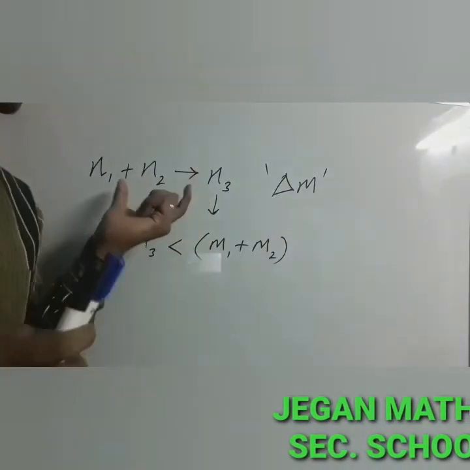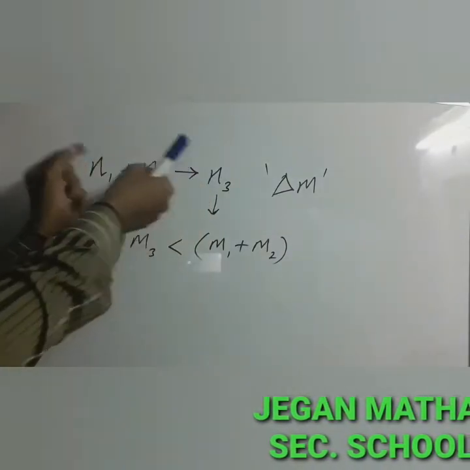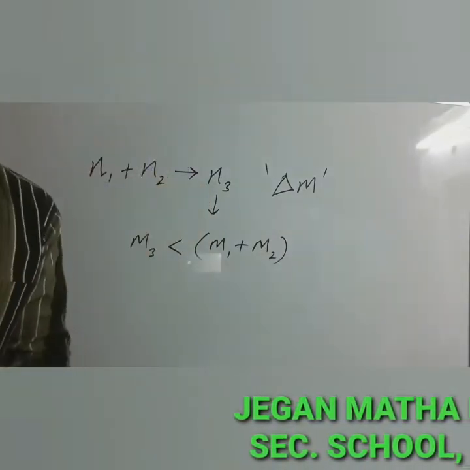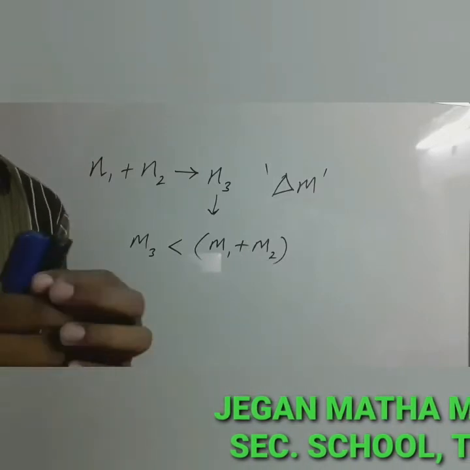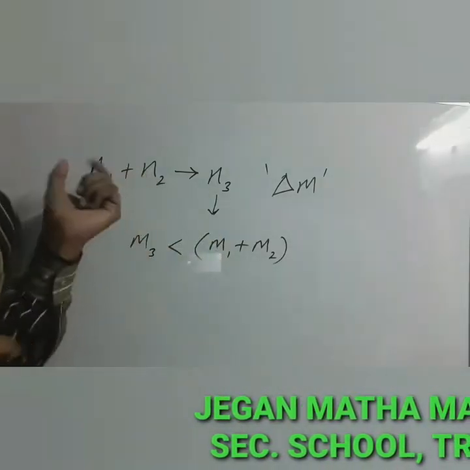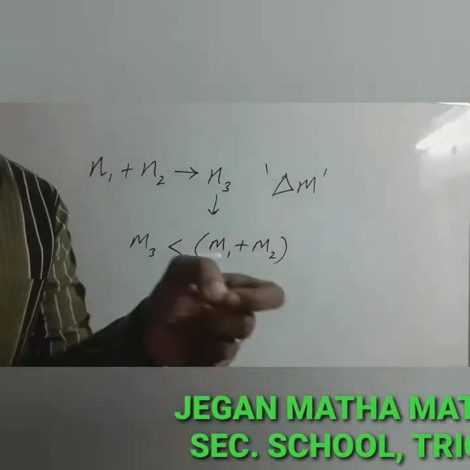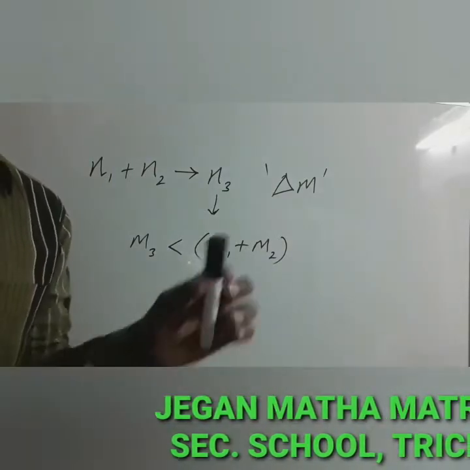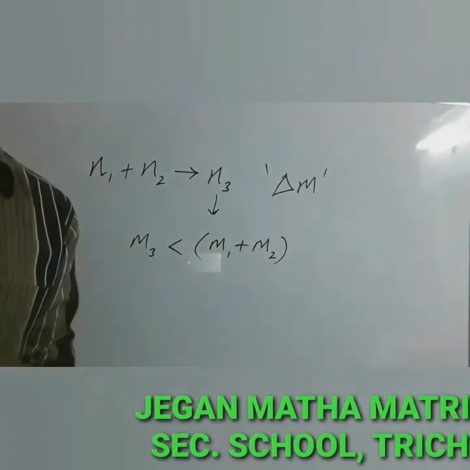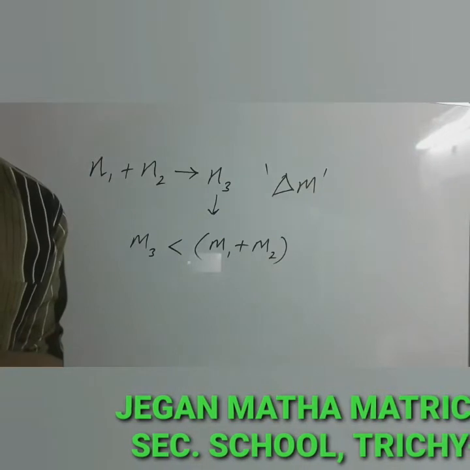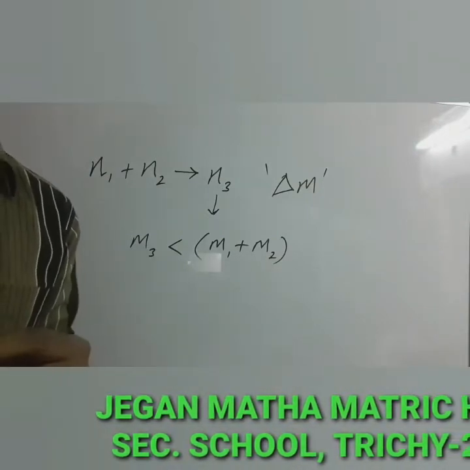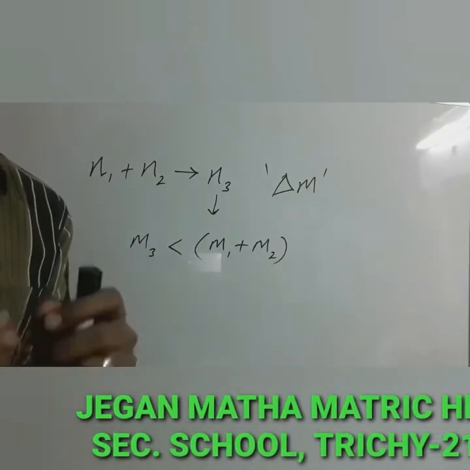But during the fusion reaction, they have to combine. To overcome this repulsion, the two lighter nuclei must have enough kinetic energy to move closer to each other, such that the nuclear force becomes effective.